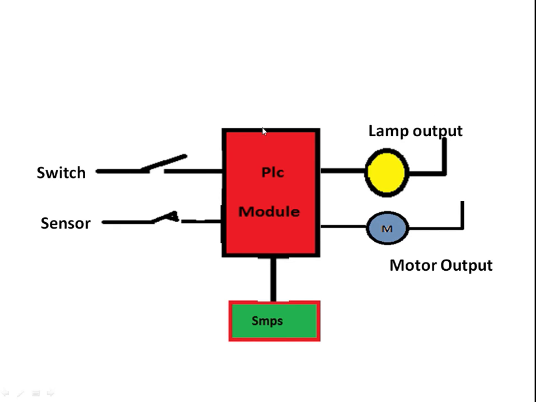See here, guys, when we are taking the switch, it has two conditions, on or off. Now when you are turning the switch on, what happens? The PLC will activate, meaning you have to write the program in the PLC, and according to it your lamp gets on.